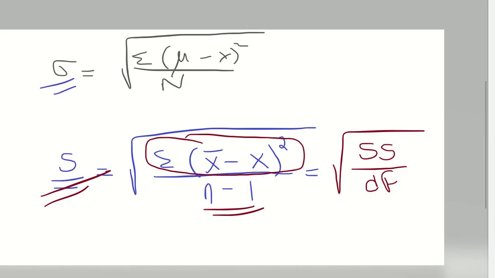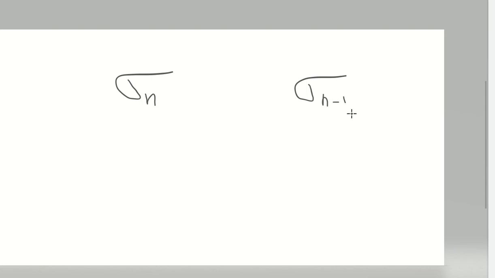In fact, if you have scientific calculators, you will notice that in your calculators, you're going to see 2 standard deviations. You're going to see one that looks like this with an n next to it, and you're going to see one that looks like this with n minus 1.